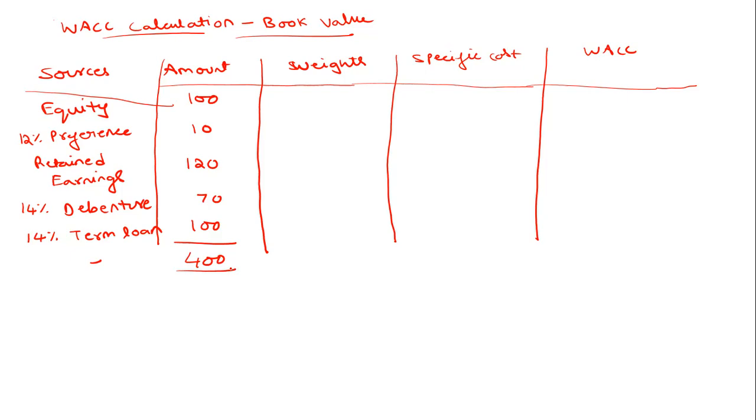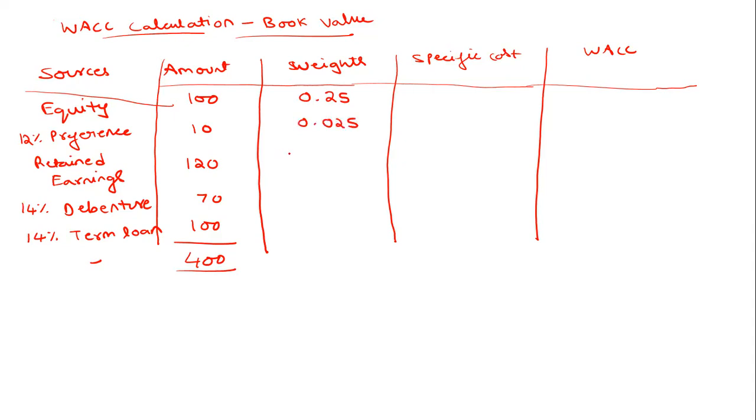Okay, that is important. And now the weights quickly. For equity, what is the weight? 0.25. Okay, for preference, 0.025.